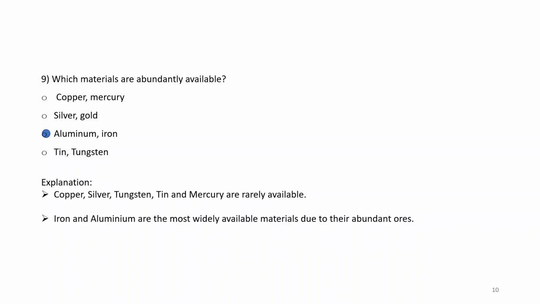These three elements are abundant along with oxygen. The explanation is given here: copper, silver, tungsten, tin and mercury are rarely available, and iron and aluminum are the most widely available materials due to their abundant ores, and they are also very easy to recycle.